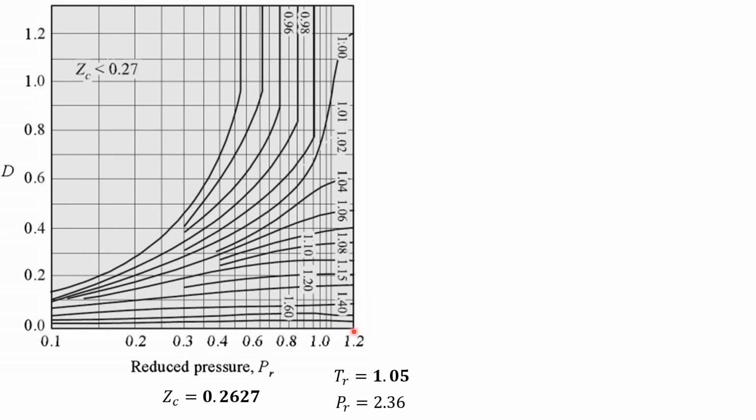So we cannot identify this PR point on this chart because this chart is plotted only up to PR equal to 1.2, and it's very difficult to simply guess these curves or to extrapolate these curves if we just extend this PR axis up to maybe 2.36 or maybe PR equal to 3.